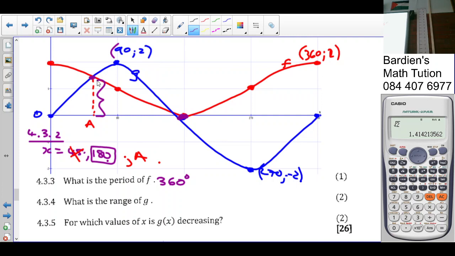But it's actually intersecting there and there. If you look at the memo, only one is given, because this is the point that you can read off from your graph. So if you have written a value close to those answers, you won't be penalized. It would be unfair of us to penalize you for writing, for argument's sake, 45. But if you haven't written 180, then by all means, you're not going to get the full marks. Makes sense?